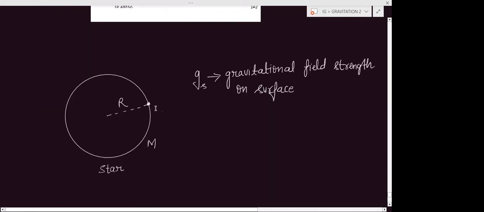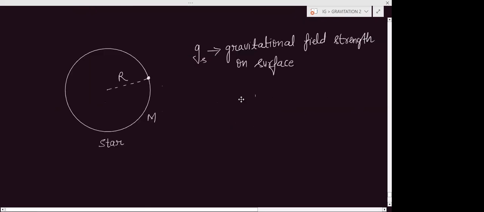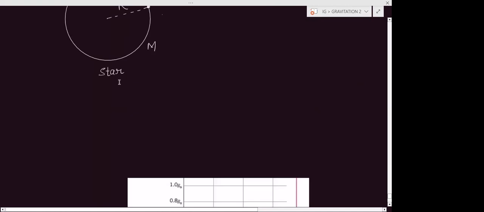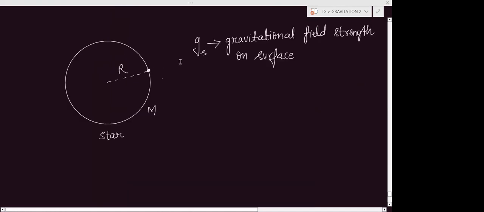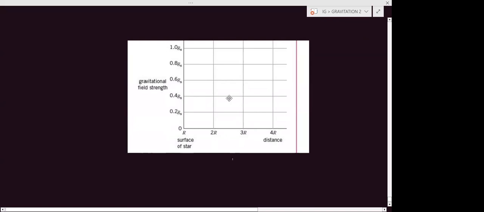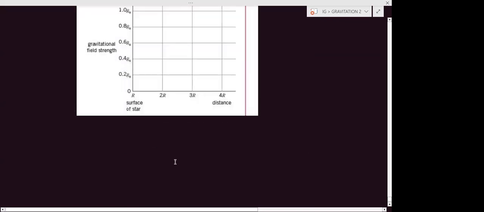So to plot now, we have to calculate the value at 2r, at 3r, and at 4r. The gravitational field at r we know. R means at the surface. At 2r means here. At 3r, at 4r we should know the value. So what we will do?